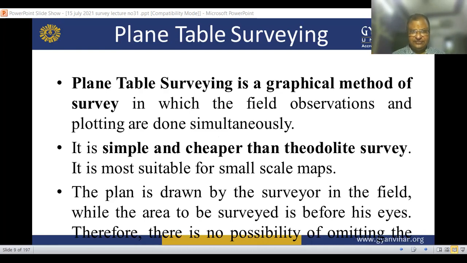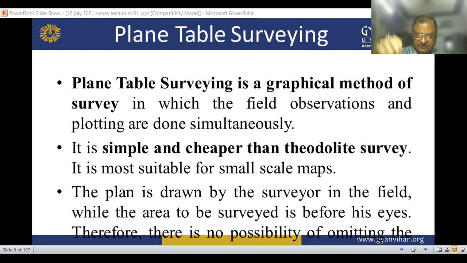Plane table surveying is a graphical method of survey in which the field observation and plotting are done simultaneously.